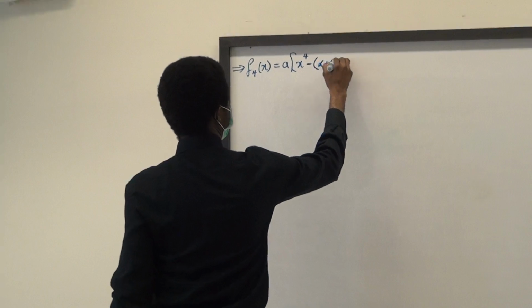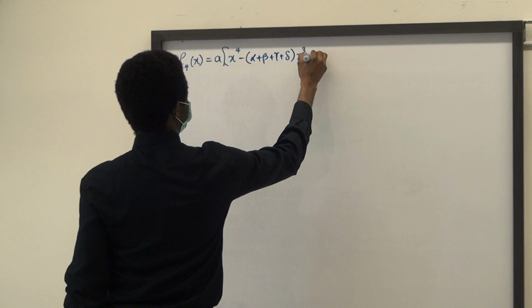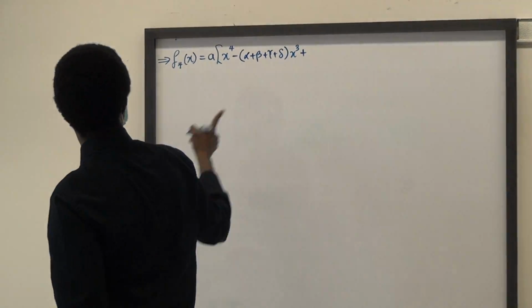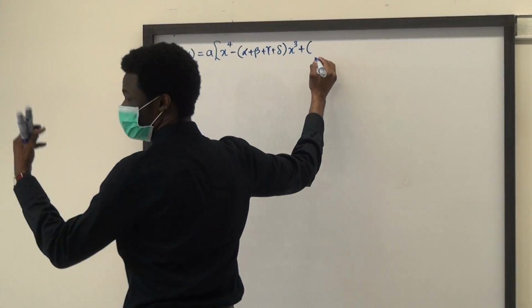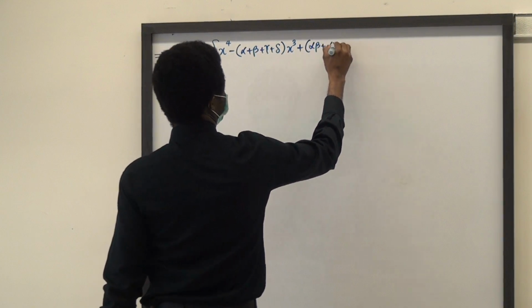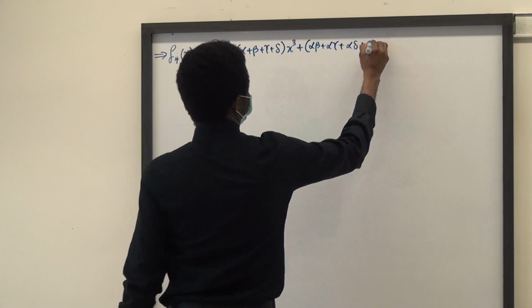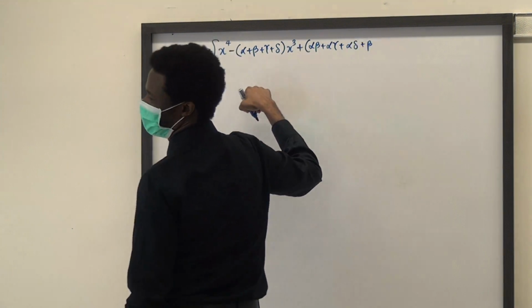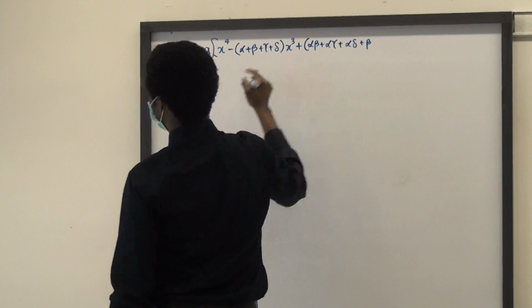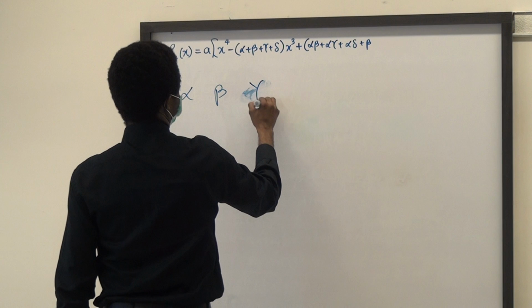Alpha plus beta plus gamma plus delta, x cubed. Yes? Then this is plus. Then I have combination of 2: alpha beta, alpha gamma, alpha delta. Then I don't need to do beta alpha again, that's also alpha beta. Look at it this way: alpha, beta, gamma, and delta.